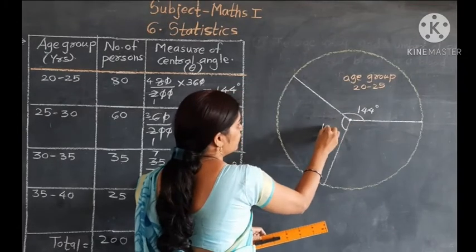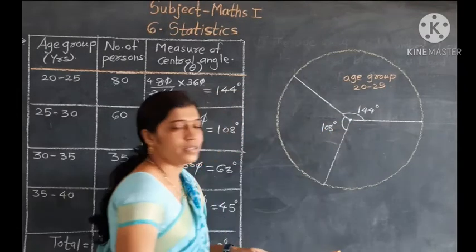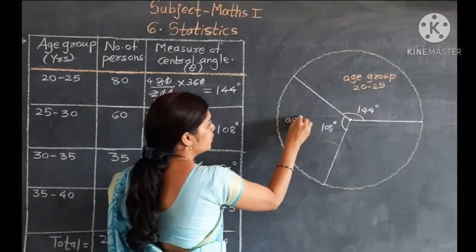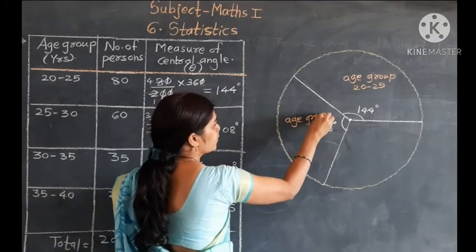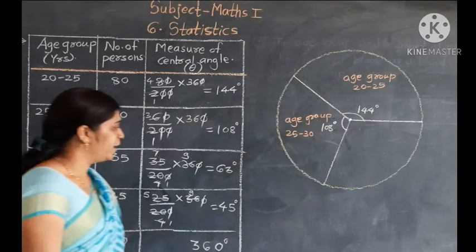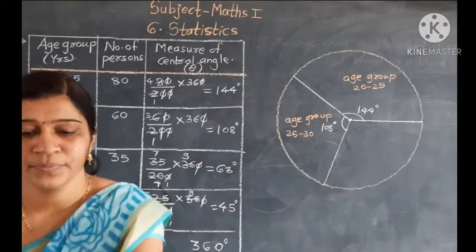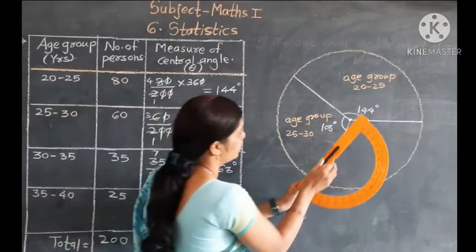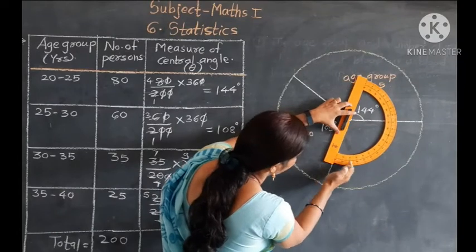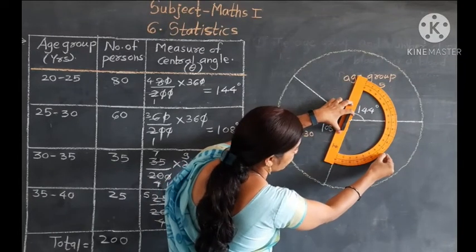This angle is 108. Okay. This is of which age group? Age group 25 to 30. Next angle is of 63. From this, now take this as base. 63, up to 63.